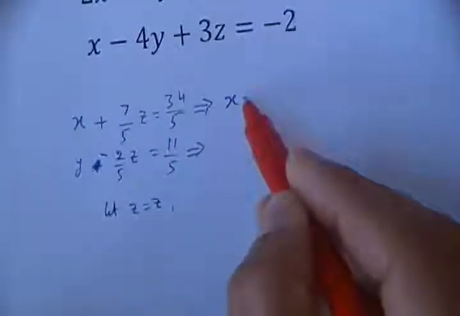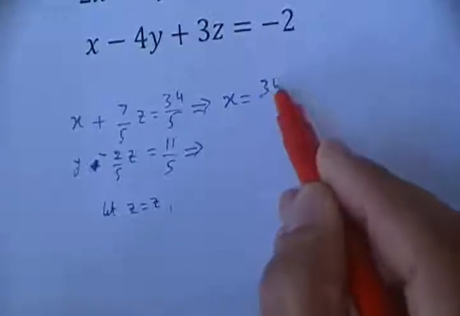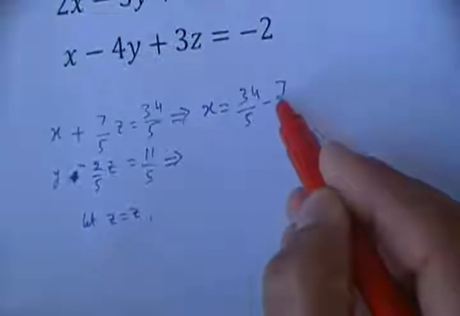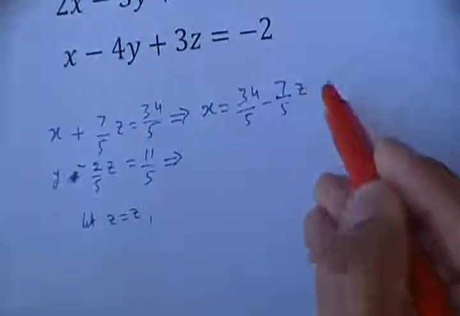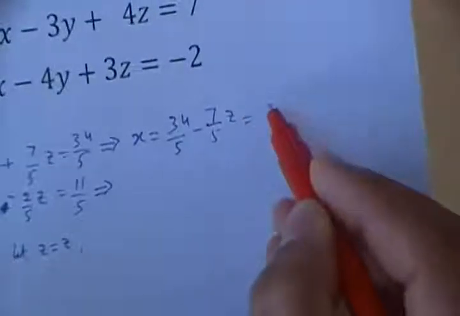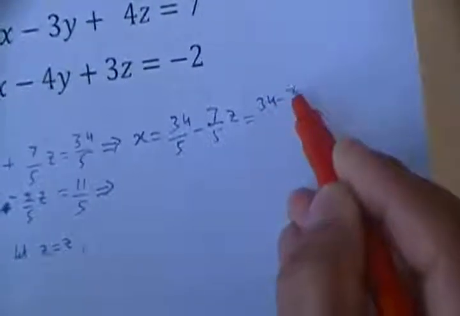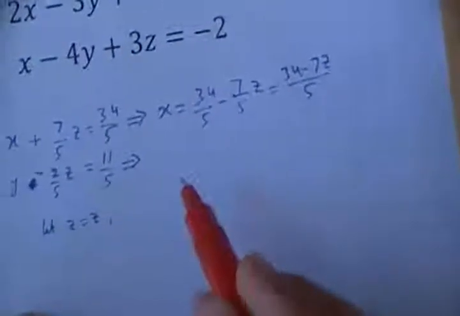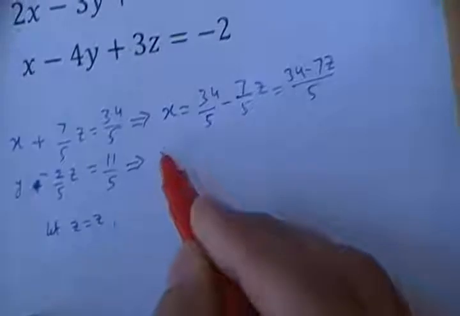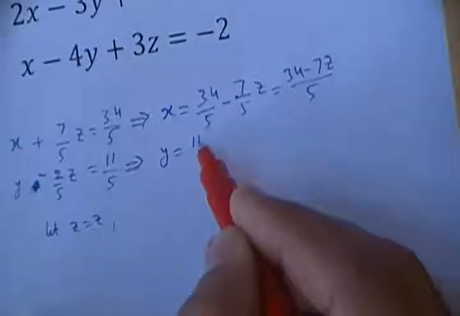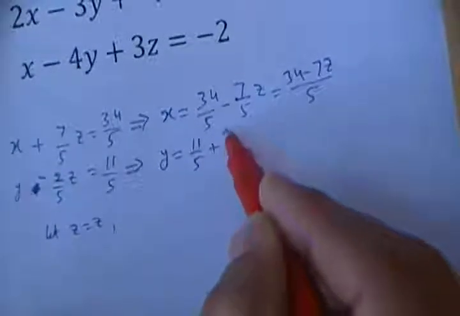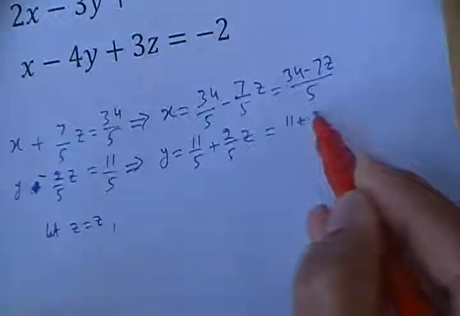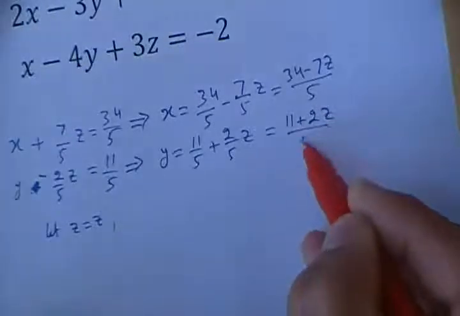From here, x is equal to 34/5 minus 7/5 of z, which equals (34 minus 7z) over 5. Similarly, the second equation gives y is equal to 11/5 plus 2/5 of z, which is (11 plus 2z) over 5.